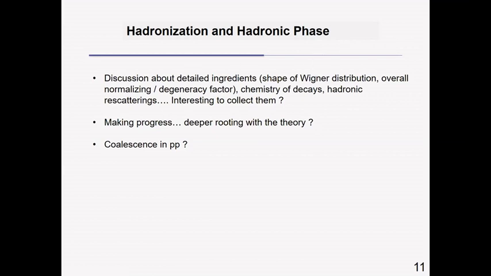Yeah. I don't see many possibilities other than going ahead and taking a common initial condition or even a common hydro freeze-out condition, and then doing the different kinds of coalescence and fragmentation models. No, here I'm really speaking about detailed ingredients for the coalescence and the hadronization. But I mean, that is where you have a common initial condition.